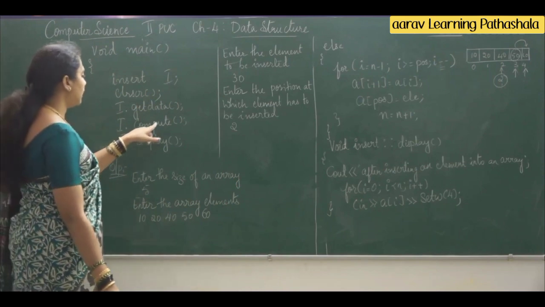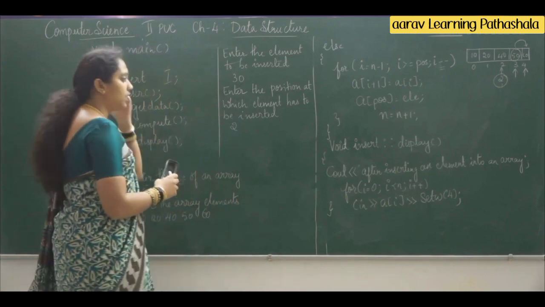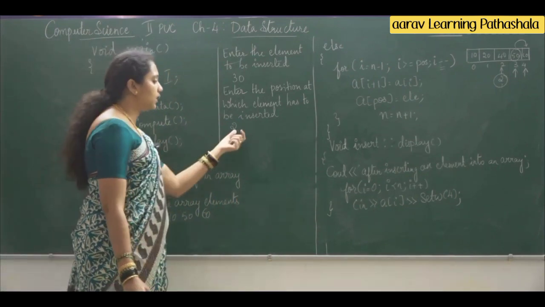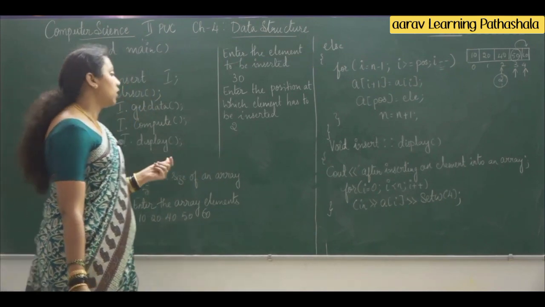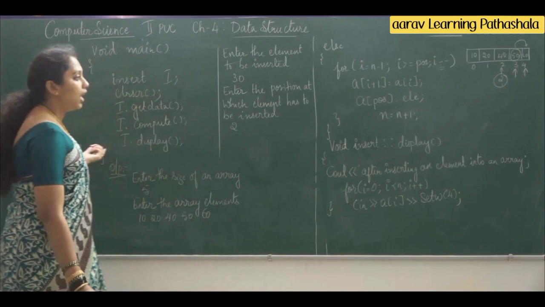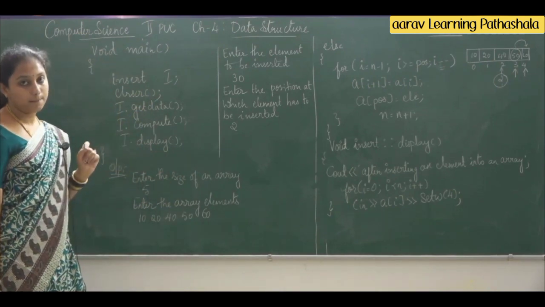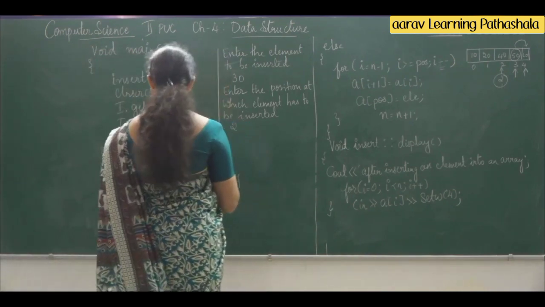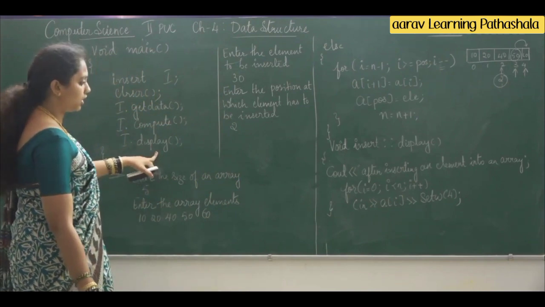Next I am calling the compute function. In the compute function, it will check whether the position is greater than n or not. The position is not greater than n, so I am going to insert the element at the required position. Then I am calling the display function here.